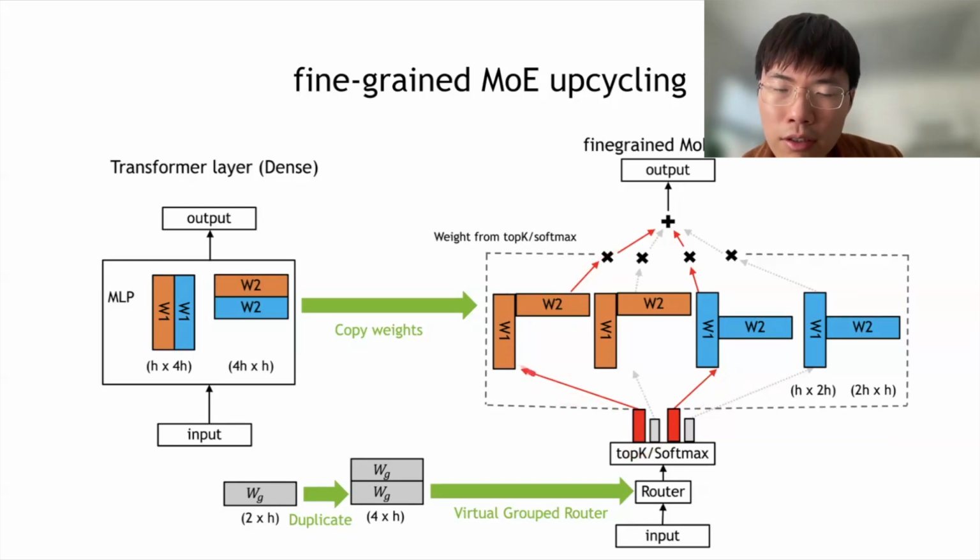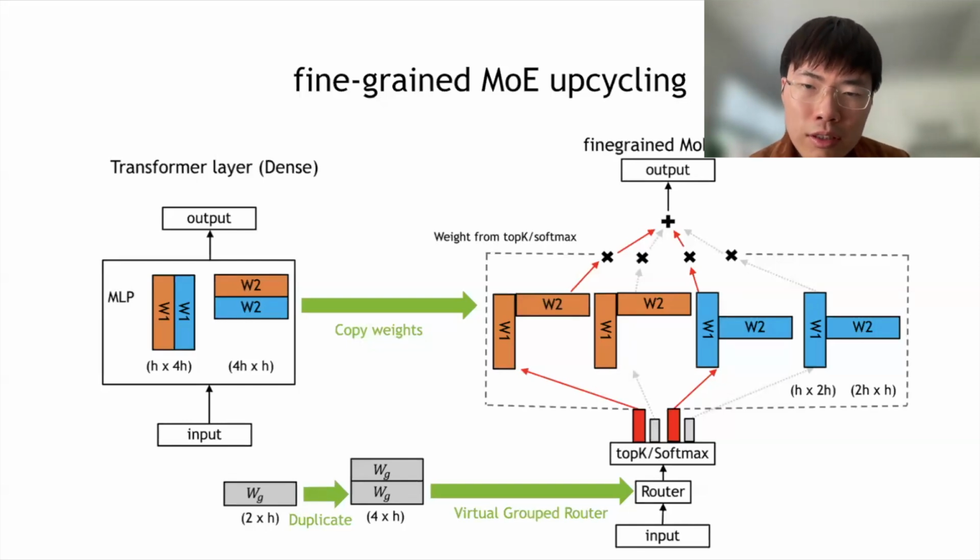Only in this way can you maintain the property that the output function is the same as the original dense model. But the router is usually pretty much random. We randomly initialize the router, so you cannot choose which expert it selects. In the beginning, we tried some kind of hard grouping.